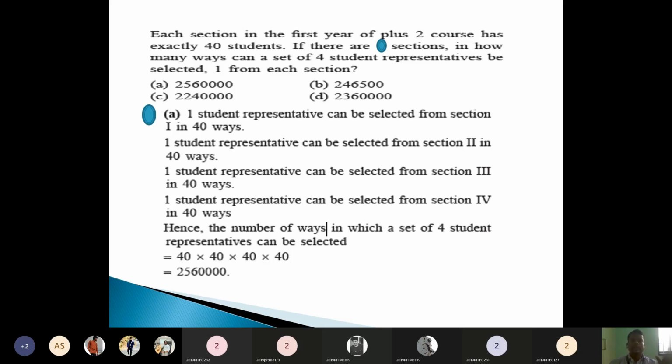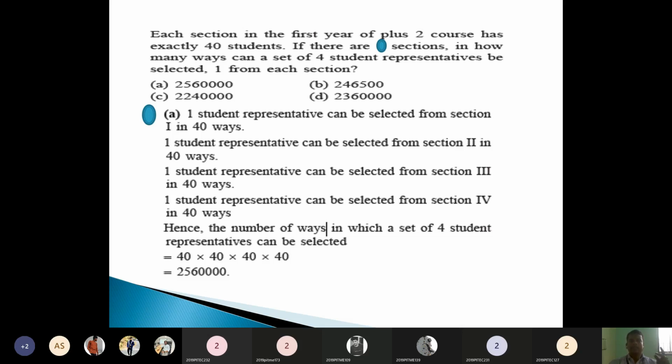One student representative can be selected from section 1 in 40 ways, because each class has 40 students. So there are 40 different ways to select 1 student representative from section 1.